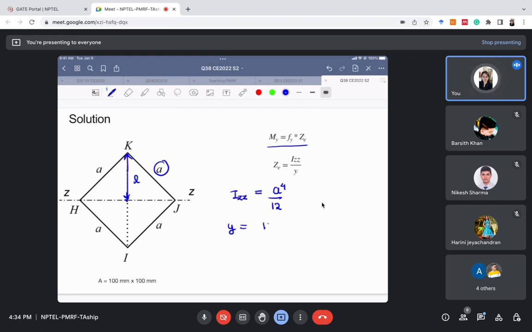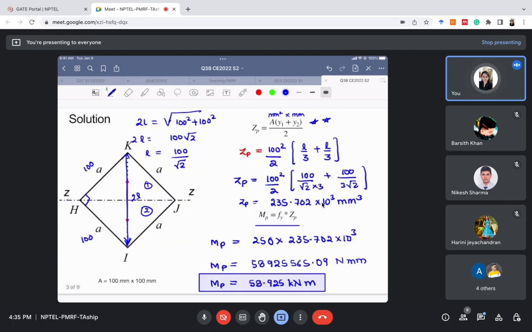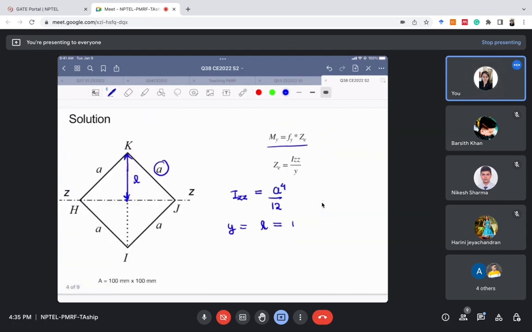The value of L we calculated as 100 by root 2. So Ze will be equal to A, which is 100 in this case, A to the power 4 divided by 12, divided by Y. So Y is 100 by root 2.